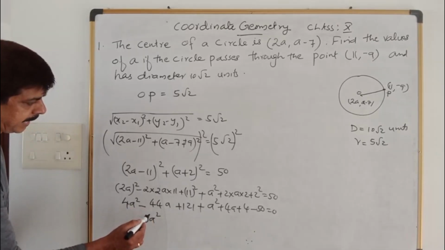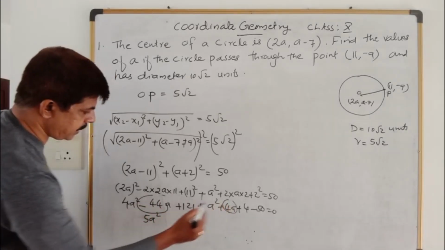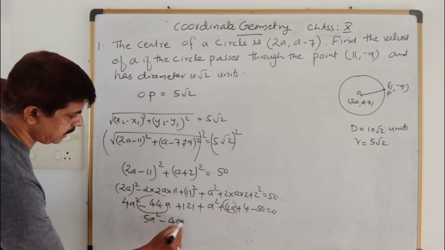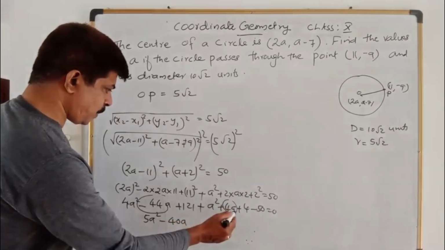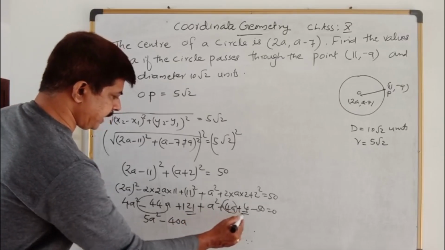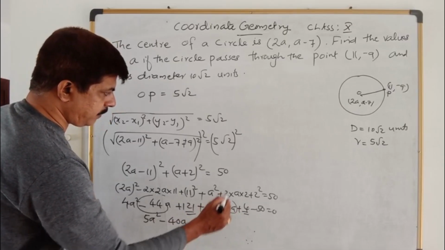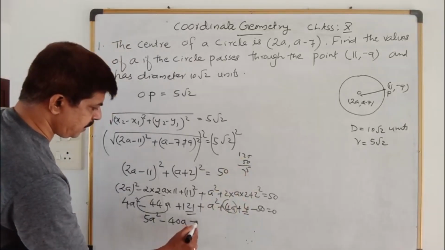Minus 44a plus 4a is minus 40a. The constants: 121 plus 4 is 125, and 125 minus 50 is 75.